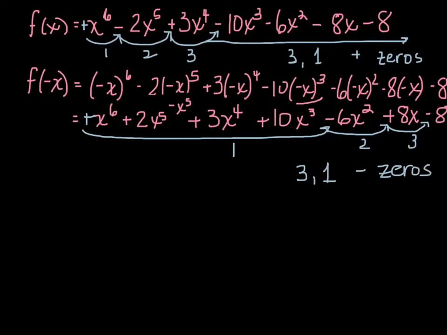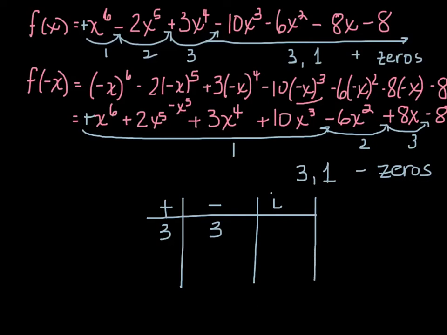Okay, now what I'm going to do is I'm going to make a table. Positive, negative, and imaginary. So think about all the different possibilities. I can have 3 positive and 3 negative. Well, since this is to the 6th, I should have 6 total. I'm going to put a final column on here because my total should always be the total, which would leave me 0 imaginaries.